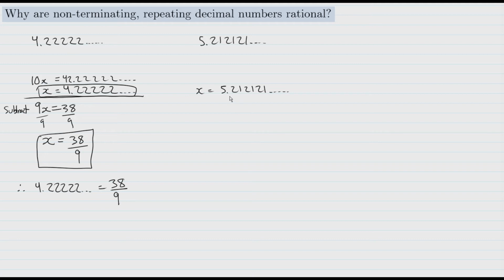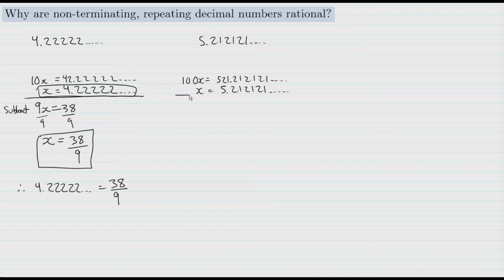In our new example, the decimal repeats every 2 digits. So this time I'm going to multiply by a number that moves the decimal over 2 digits, and that number is 100. So I'll write out 100x equals 521.212121 and so on.